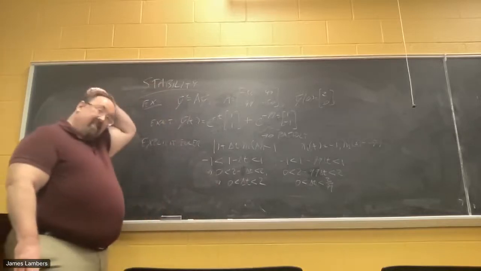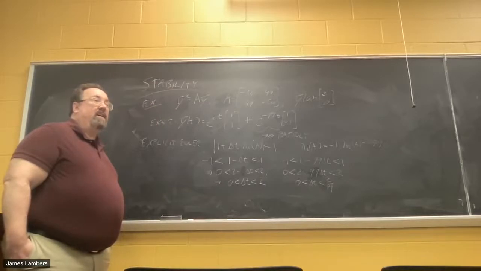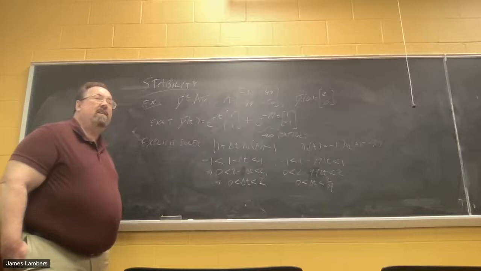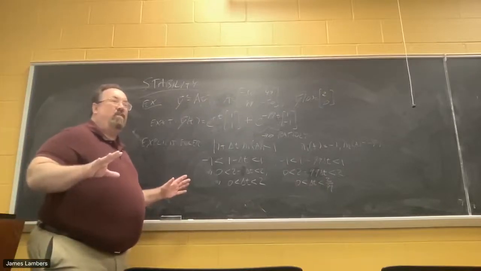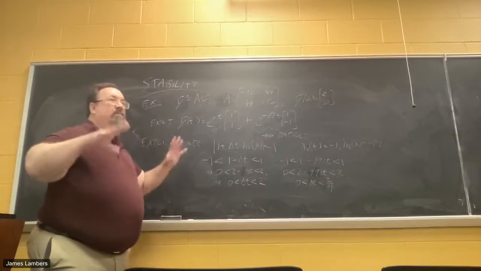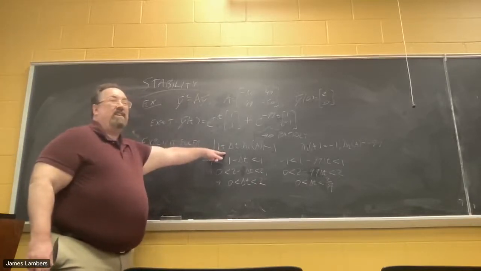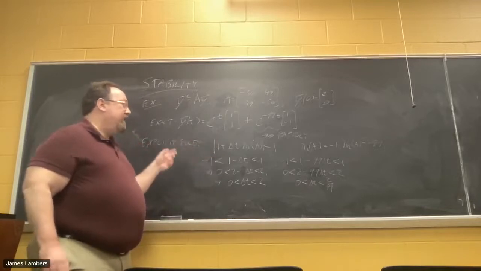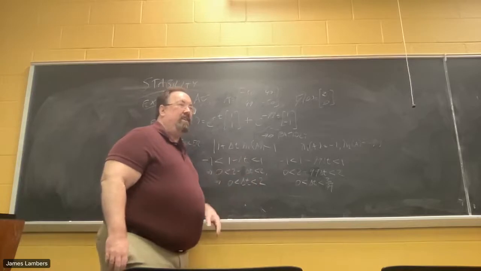Whatever eigenvalues you have, real, imaginary, complex, for explicit Euler, you have to satisfy this. It's just that because the eigenvalues are real, I was able to do this to get a simpler condition.